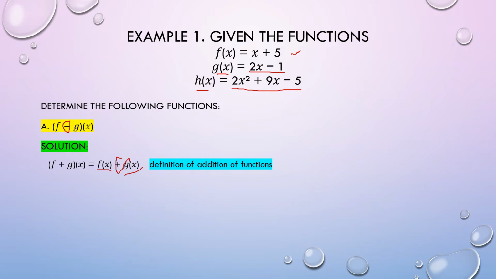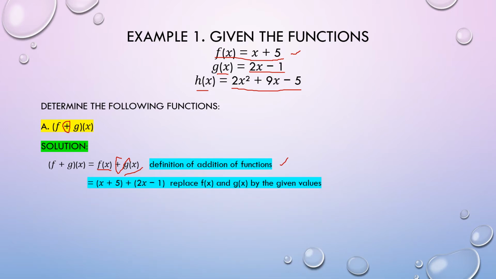Okay? Definition of addition of functions. Now, take a look at the functions above. So we have here f of x, right? Our f of x is equal to x plus 5. And our g of x is equal to 2x minus 1.